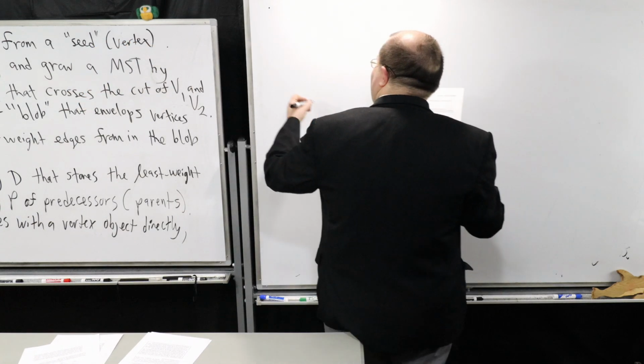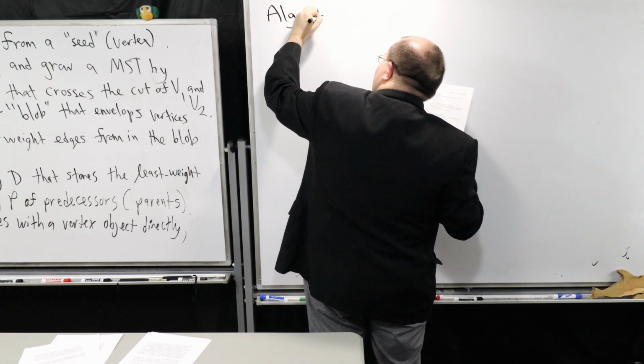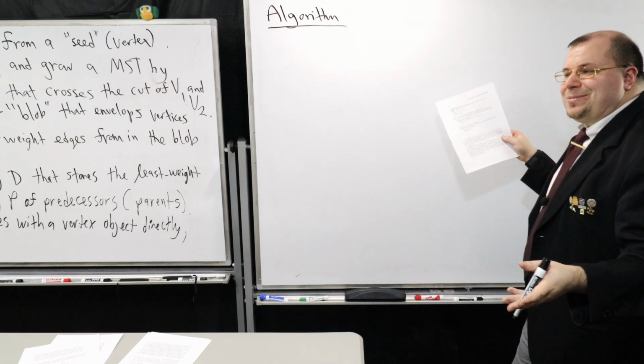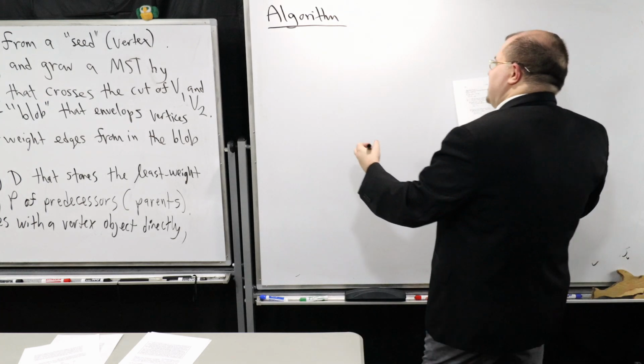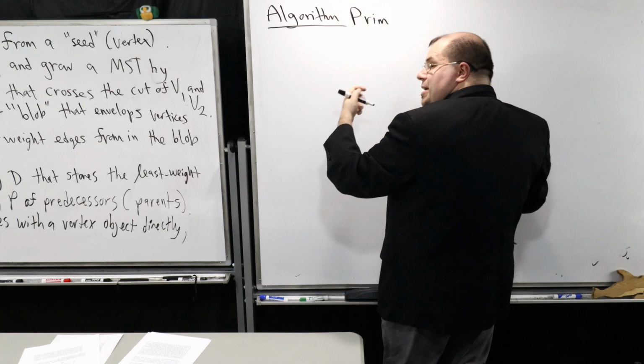I'm just going to top load the algorithm because we already know the main idea. I'm going to have this blob that's going to form and envelop the graph. So I'm going to have some start vertex in my variant of Prim here. The algorithm is Prim.